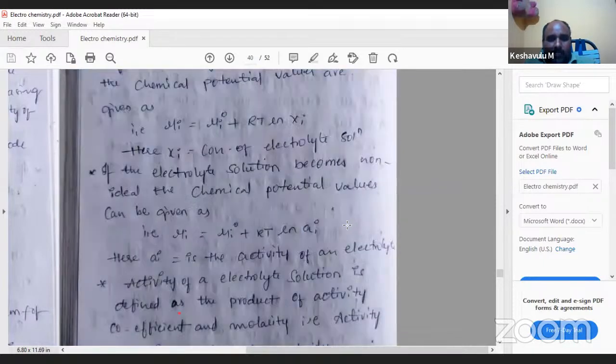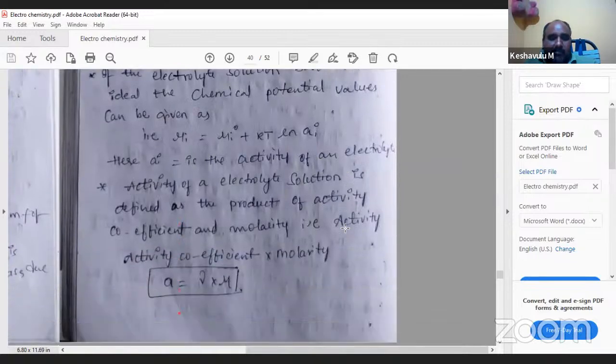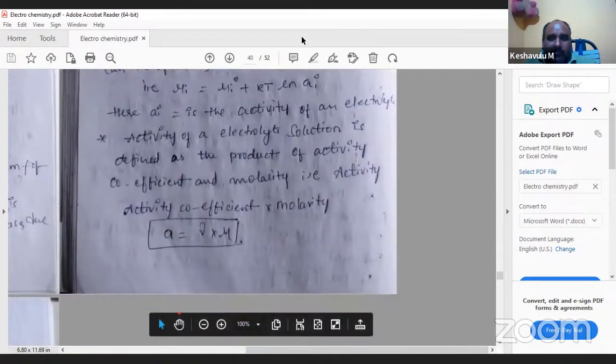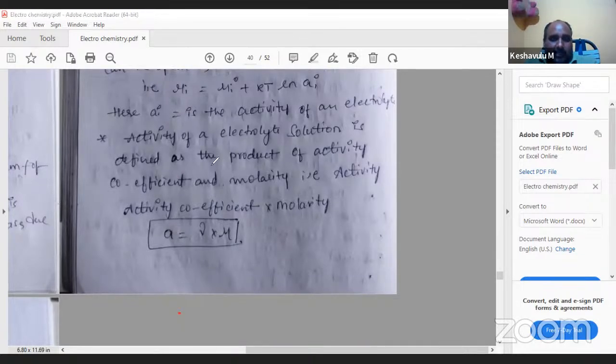So the activity of an electrolyte solution is defined as the product of the activity coefficient and molarity. Therefore A equals gamma times M. A is for activity, gamma for the activity coefficient, and M is molarity, not mu.